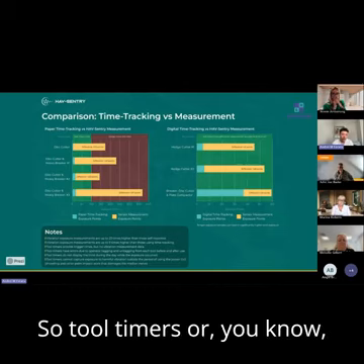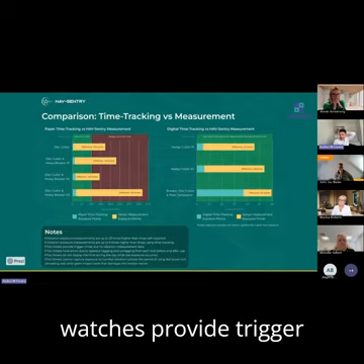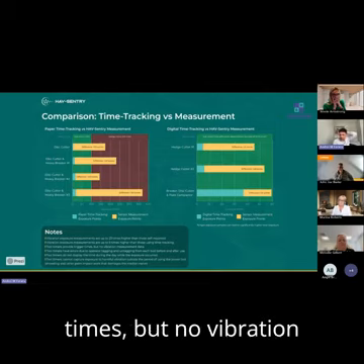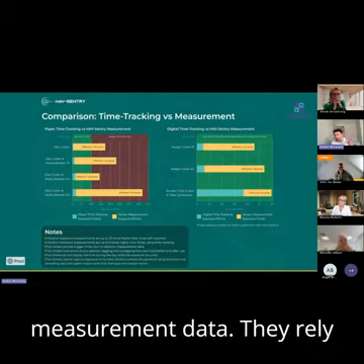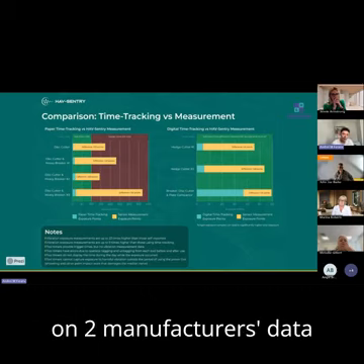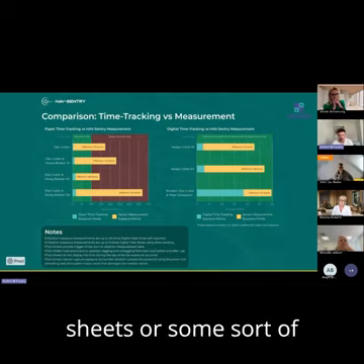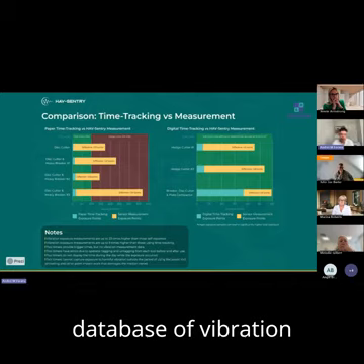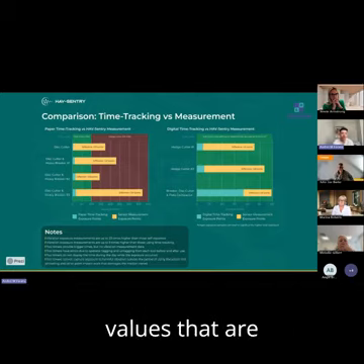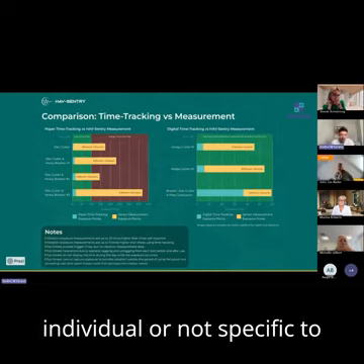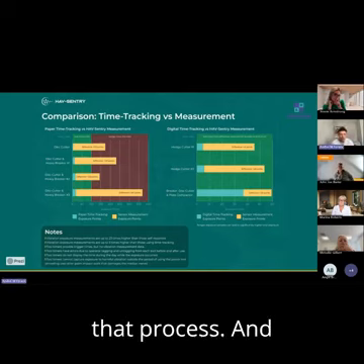So tool timers or watches provide trigger times, but no vibration measurement data. They rely on the tool manufacturer's datasheet or some sort of database of vibration values that are not specific to that individual or not specific to that process.